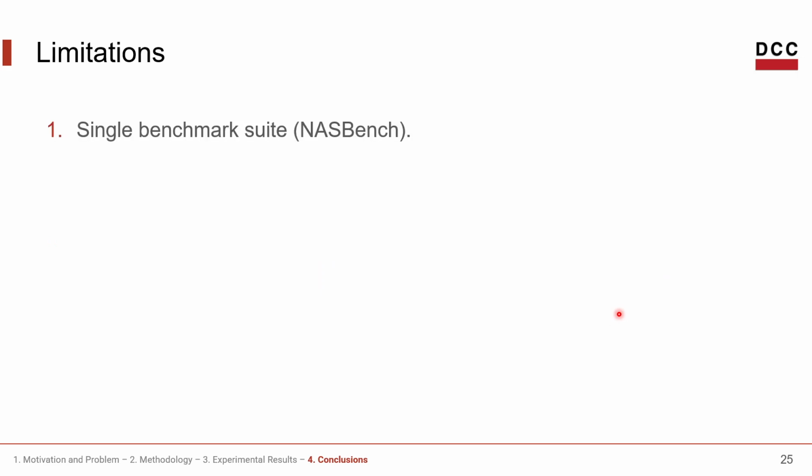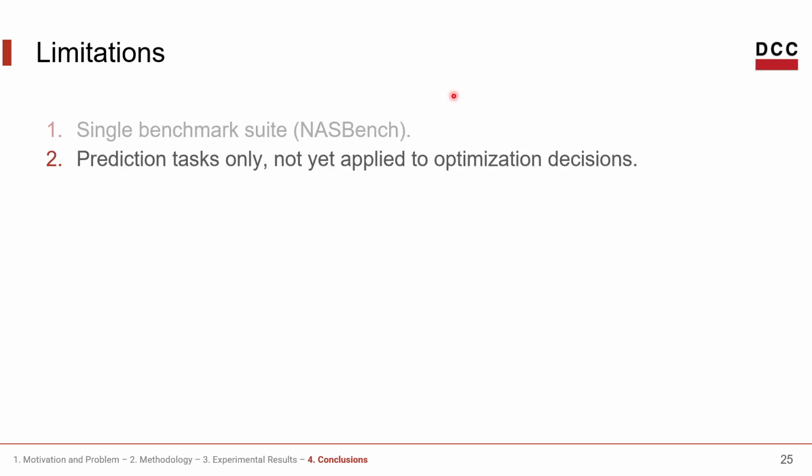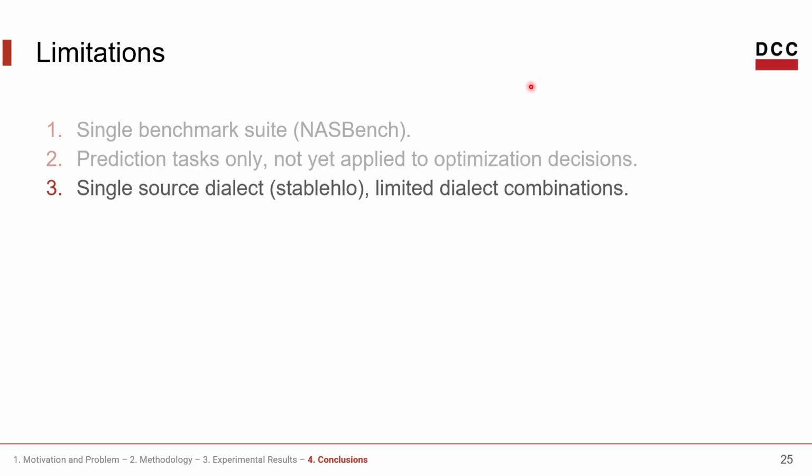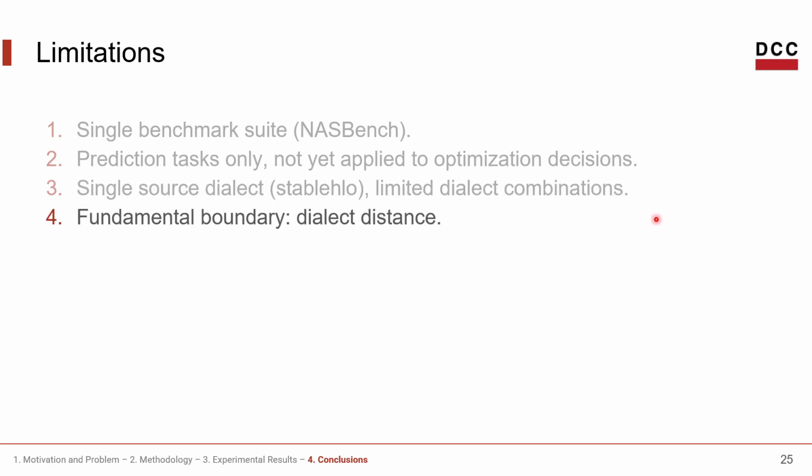Now, for some limitations. One is that the work only uses a single benchmark suite, like I said, the NAS-Bench dataset. Another one is that we only deal with prediction tasks, so we haven't actually applied the pipeline to optimization decisions inside the compiler yet. Another one is that we only use a single source dialect, which is StableHLO, and it also has limited dialect combinations.